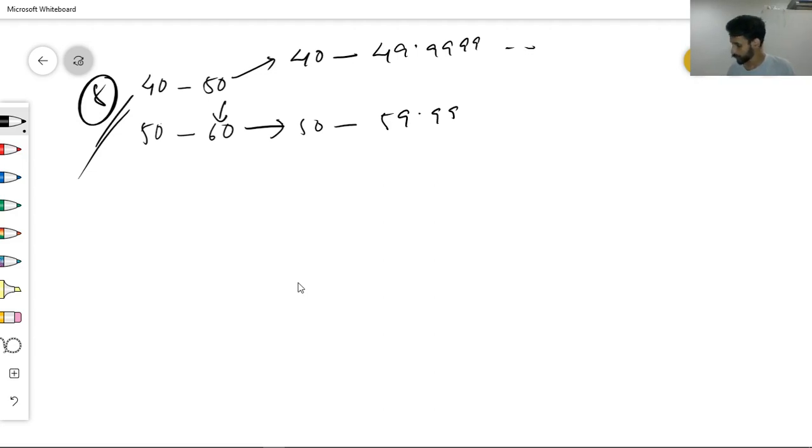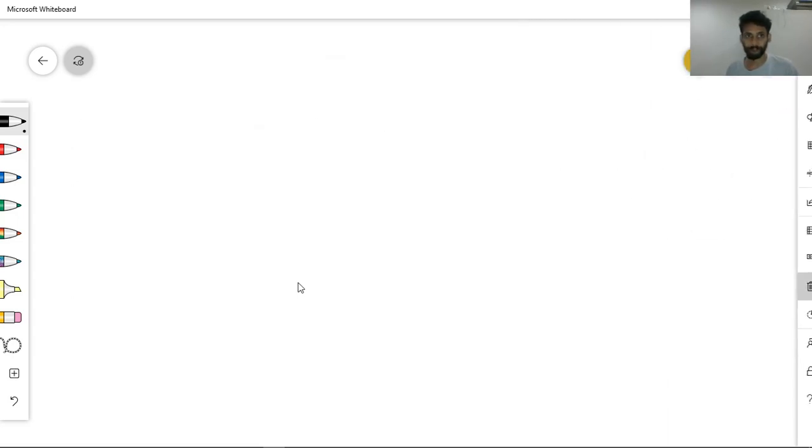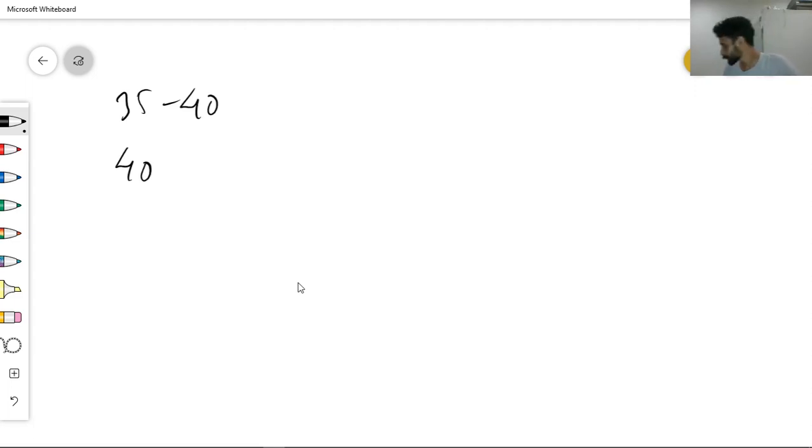So question number 9 also you can do it now, and question number 20. Question number 20 also you can do now. Question number 20 it is given 35 to 40, then 40 to 45.